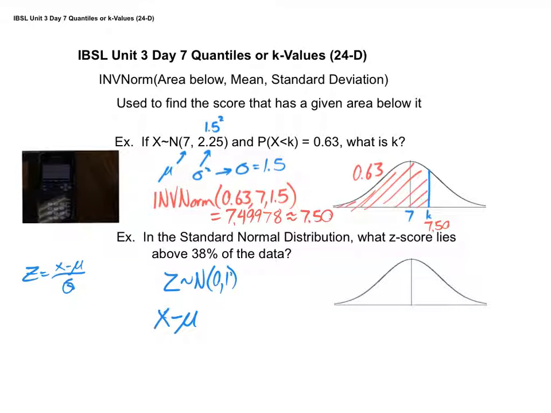So, in order to change the standard deviation, we multiply or divide by something. Now, if our standard deviation is sigma, what would I have to do to get my standard deviation to equal 1?